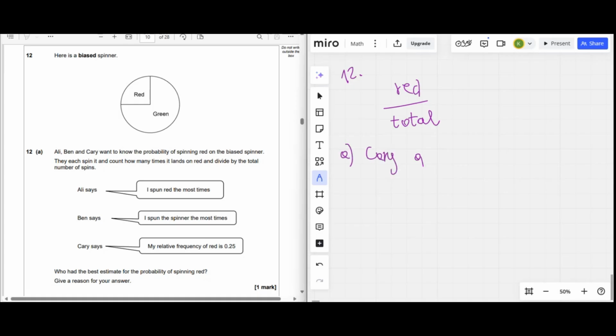Carey gave the exact number, about the exact value. So his estimate is the best. From other saying, we cannot say much, to be honest, right? So his estimate is the best.